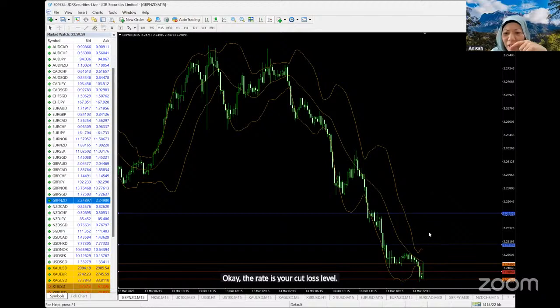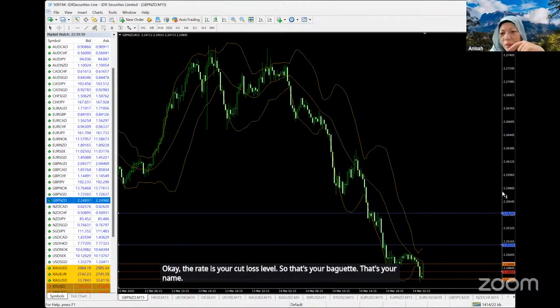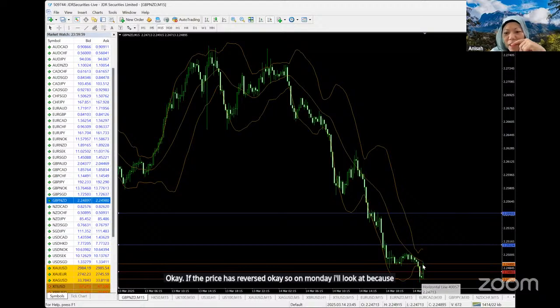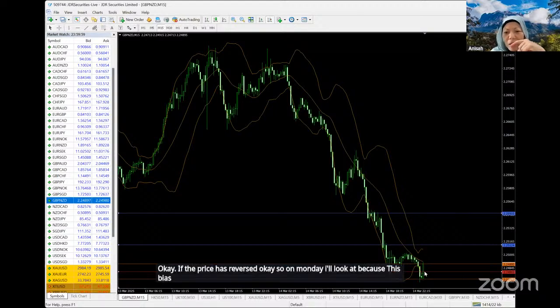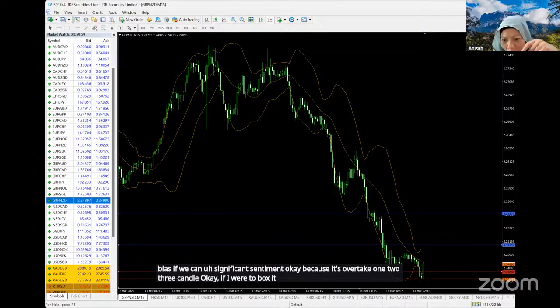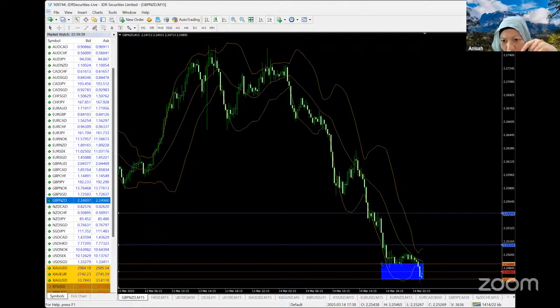So that's your target, that's your cut loss, if the price has reversed. On Monday, I'll look at it because this buy is a significant sentiment, because it overtook one, two, three candles.